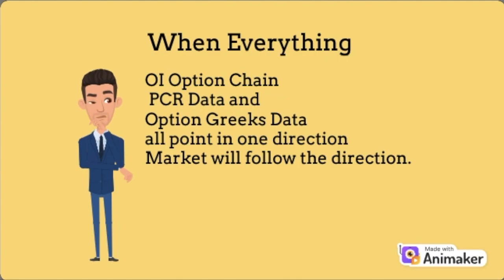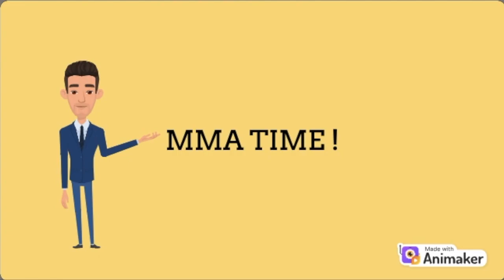And the Greeks data show that the writers' activity we concluded is done by big players. So using all of these data points, we can conclude that the market will fall, and we can be 101% sure the market will definitely fall.